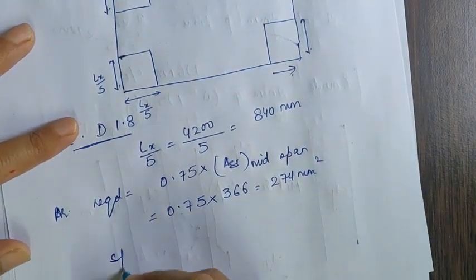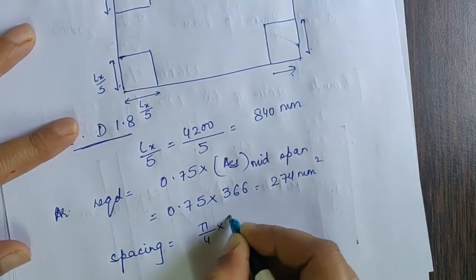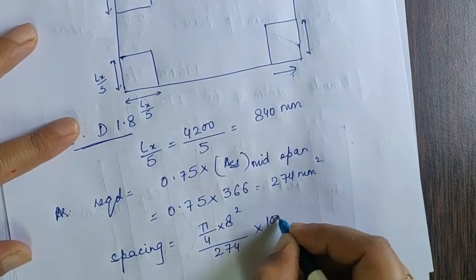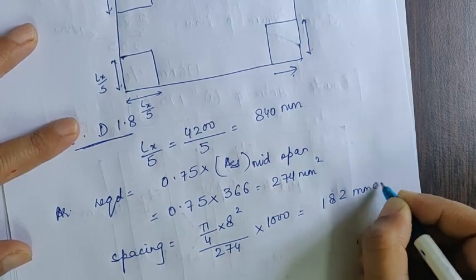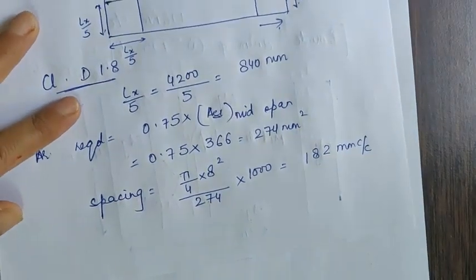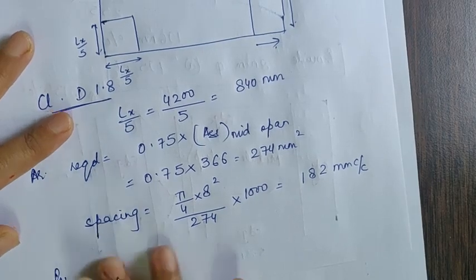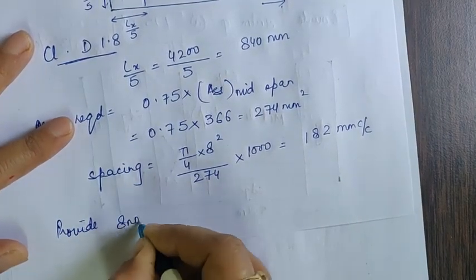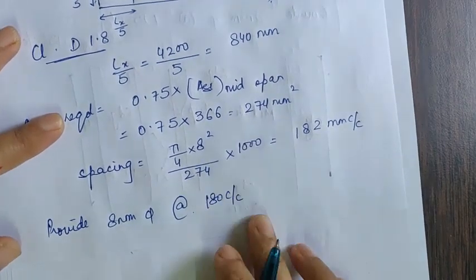Okay, the spacing will be pi by 4 into 8 square upon 274 into 1000, so it is coming out to be 182 millimeters center to center. Okay, so let us say we are providing 8 millimeter dia at the rate of 180 center to center.